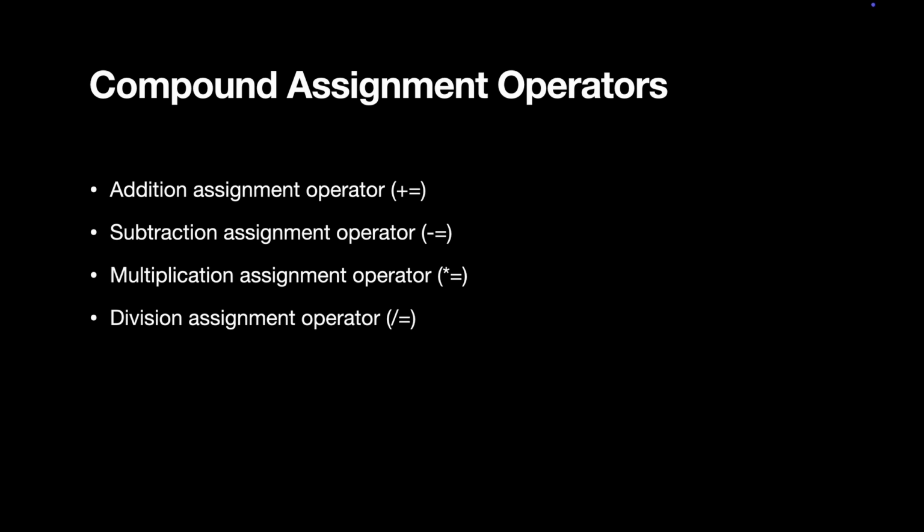Say we have a value of 4 and we write 4 plus equal to 2. The addition assignment operator will add 2 to 4, so we will have 6, and 6 will be assigned back to the placeholder that was holding the original value 4. We will see an example of each of these and it will become clearer. Similarly, we have the subtraction assignment operator, multiplication assignment operator, and division assignment operator.